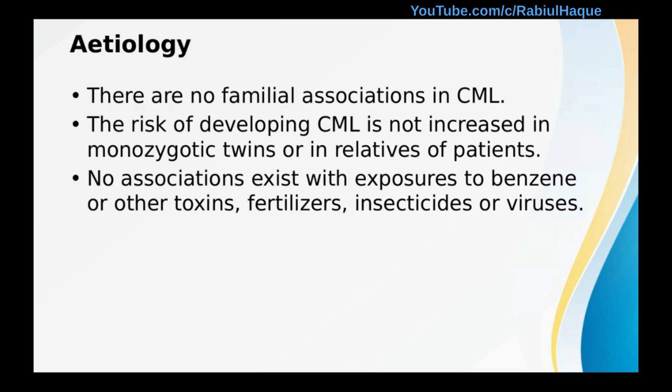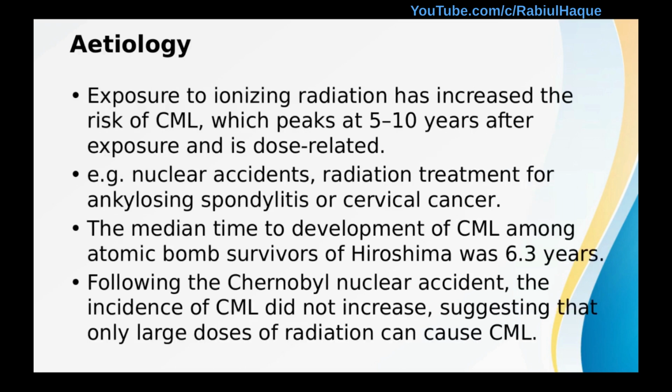No associations exist with exposure to benzene or other toxins, fertilizers, insecticides, or viruses that we had seen in case of acute leukemia. However, exposure to ionizing radiation has increased the risk of chronic myeloid leukemia, which peaks at 5 to 10 years after exposure, and it is dose related.